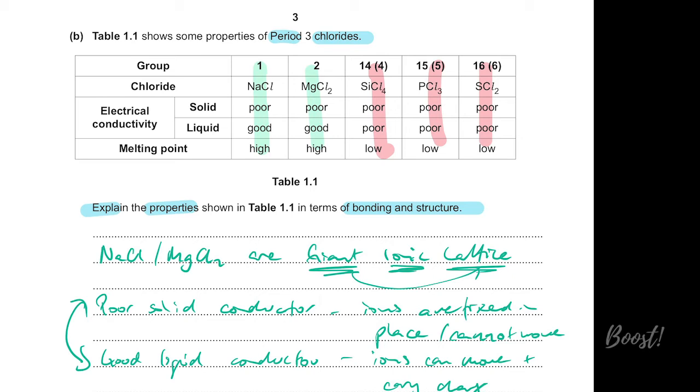Or you could say that the ions are mobile in the liquid state. I'm not sure if you actually need to write both of these things in order to get the mark, but just something that either combines both of those things into one, or just makes it clear that you understand why the ionic compound is a poor conductor in solid, but a good conductor in liquid state.